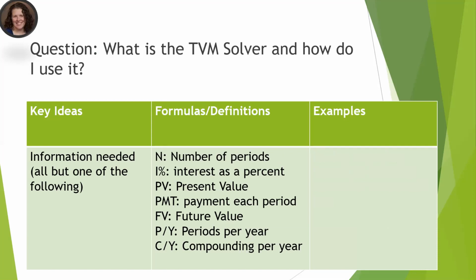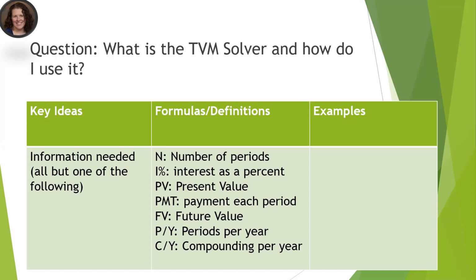This is a little different than simple interest because the calculator is going to convert it to a decimal. You're going to put it in as a number, so 10% would just be 10. You would want to know the present value, the value that it's starting at. Payment is, are you making regular payments? What's the future value? How often are we compounding, and how many periods per year?